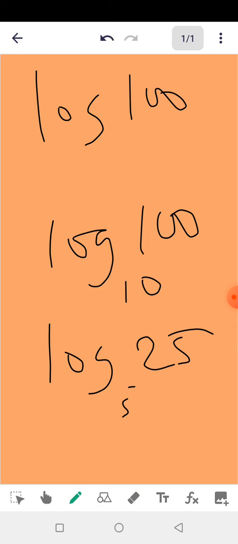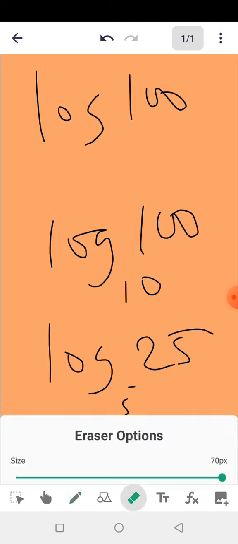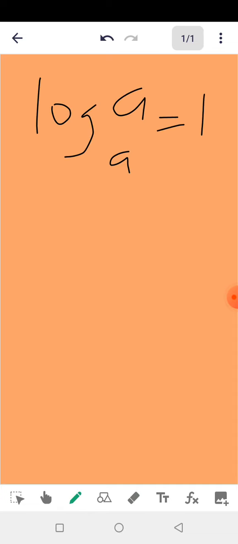I will just itemize some rules, then we'll use them to kick off very quickly. Our first rule is this one: log a base a is 1. Then we have another one: log a raised to power x base a will give us x.